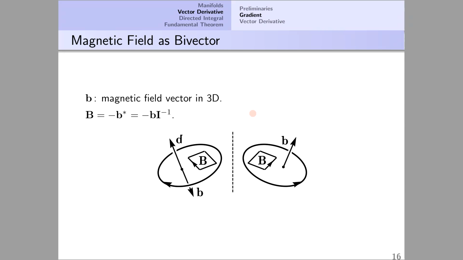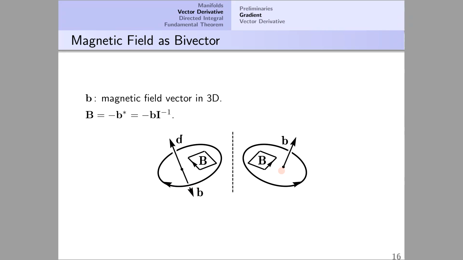Now let's reflect the whole setup in a mirror indicated here. So the current loop reflects to this current loop. The bivector reflects to this bivector, and you'll notice that the orientation of this bivector is correct. It's the orientation of the current.